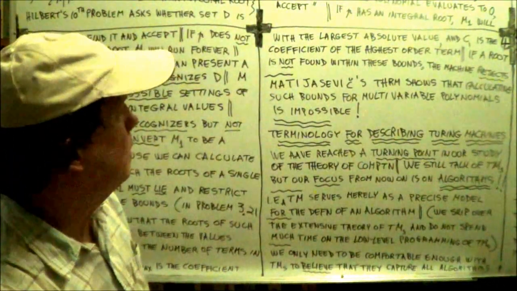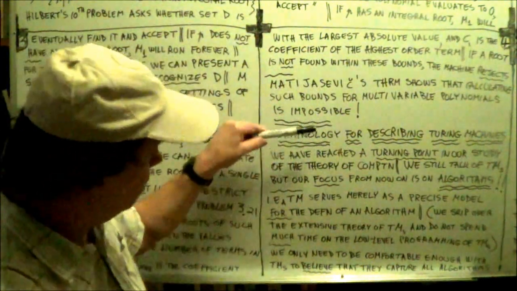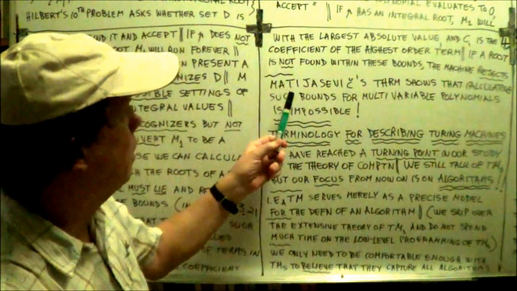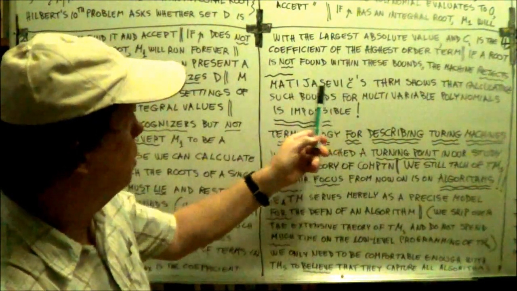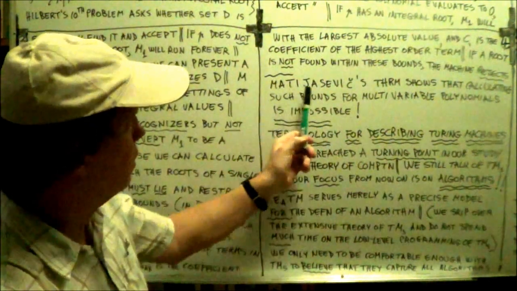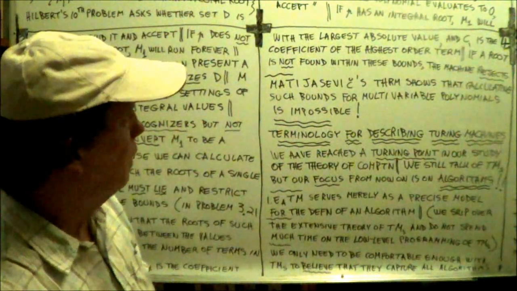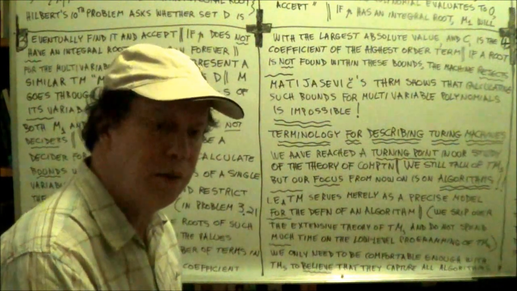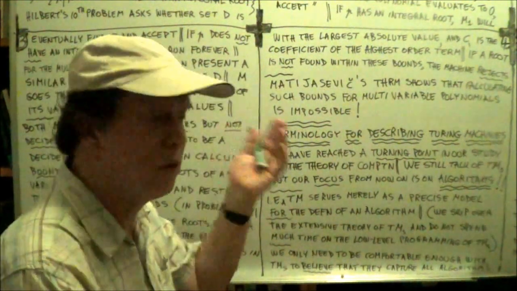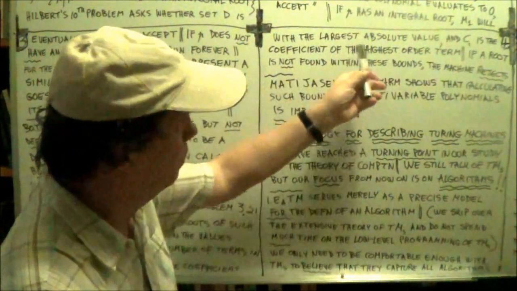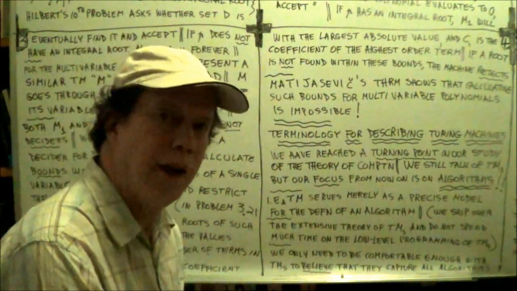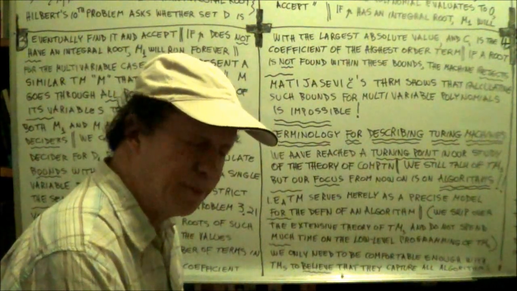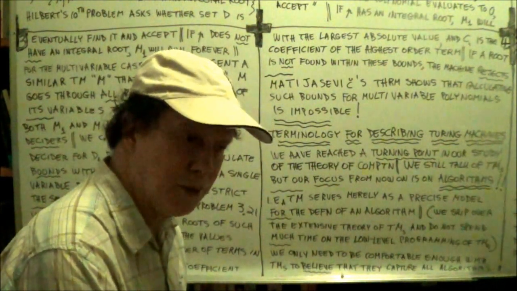Okay, so now a bit of a comment before we get on to another topic. This guy Matijasevic, his proof, he did something similar. One of the reasons why we've talked about how to convert a recognizer into a decider is because it's relevant.